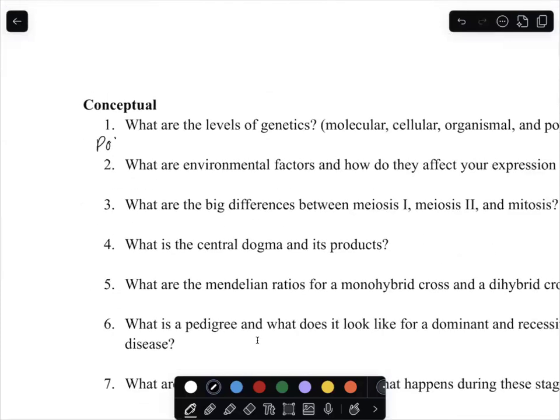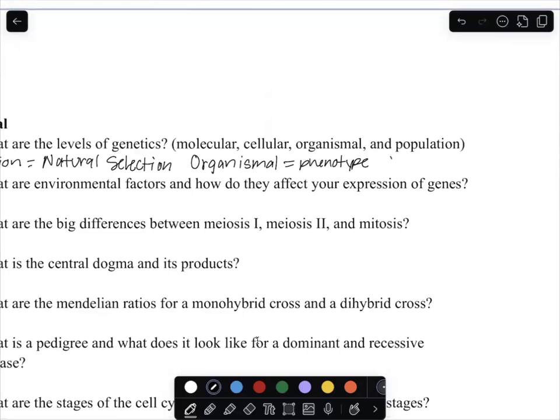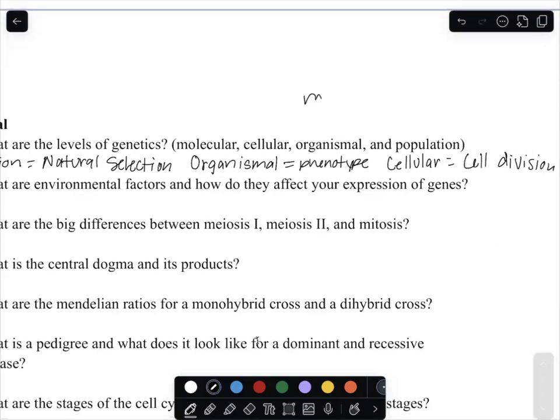So population would be something like natural selection, organismal would be something like phenotype, cellular would be cell division, and molecular, I'm just gonna put it up here, would be protein synthesis.